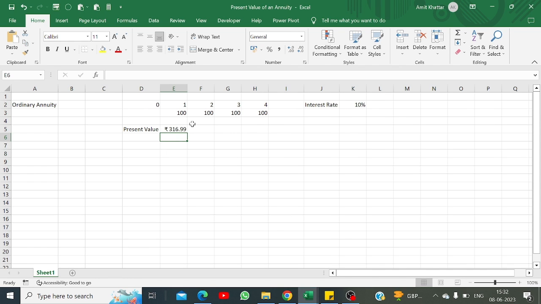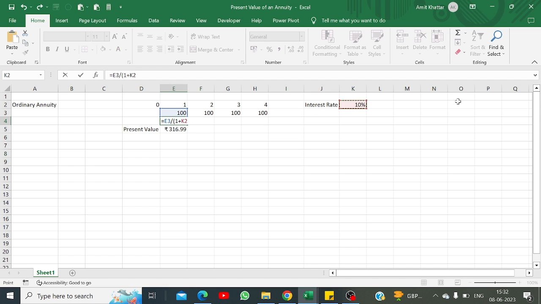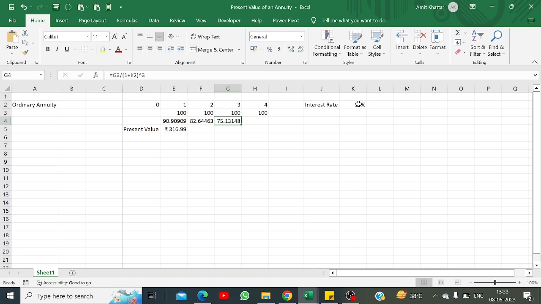That is by discounting each of the cash flows. So this becomes 100 divided by 1 plus 10%, equal to 100 divided by 1 plus 10% to the power 2, since it's a cash flow in the year 2, equal to 100 divided by 1 plus 10% to the power 3, and 100 divided by 1 plus 10% to the power 4.